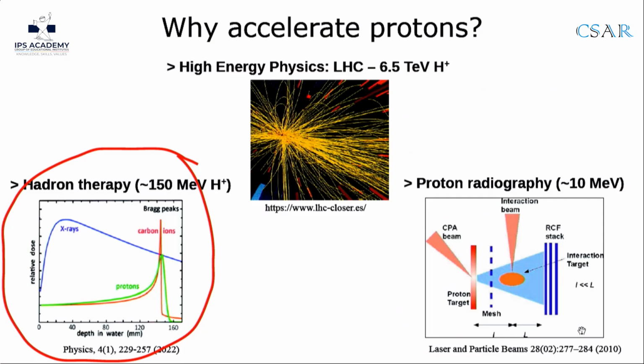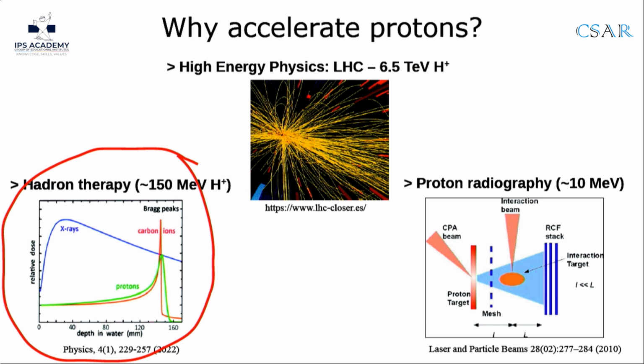Now coming to the protons. We are interested in accelerating protons for multiple applications. Among them, high energy physics. Of course, you all know that LHC is there, accelerating protons to very, very high energies.